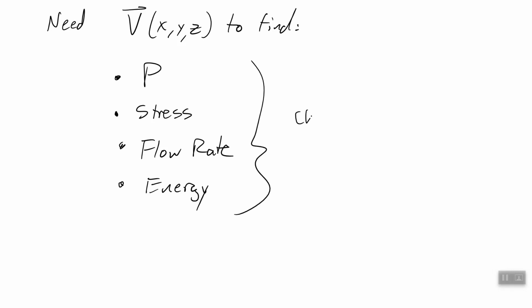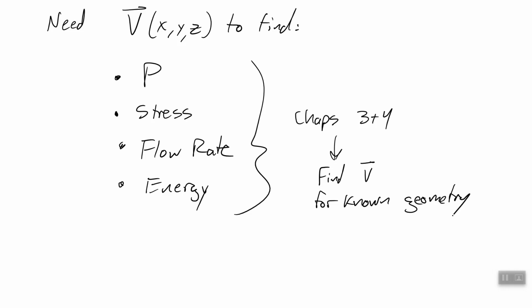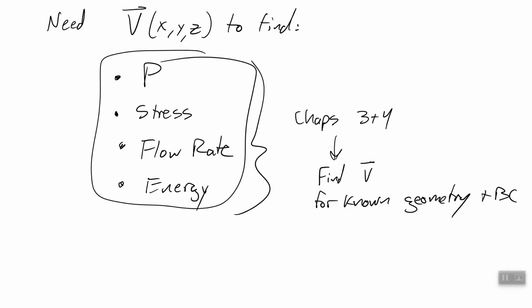We're going to spend a lot of this class on chapters 3 and 4 in your book, which focus on finding v. They say find the velocity profile for known geometry and known boundary conditions, which we'll define all of that later. But we want to find those so we can really extract this useful information.